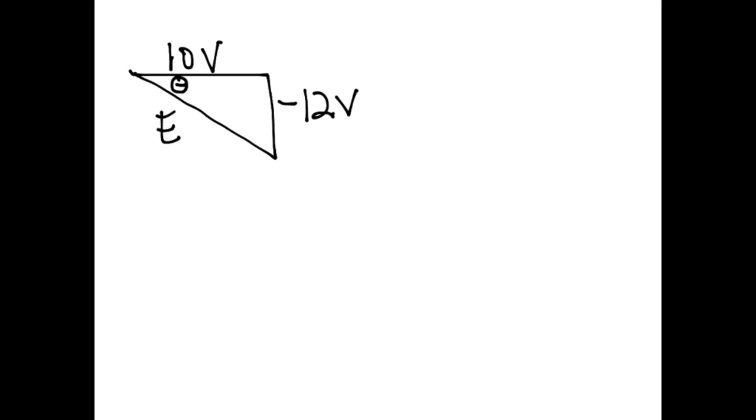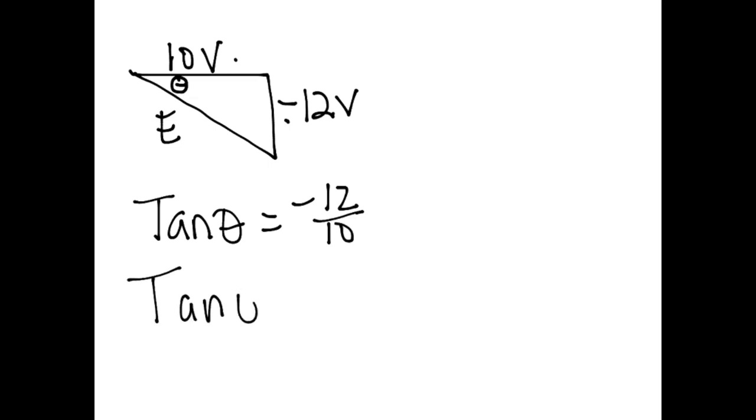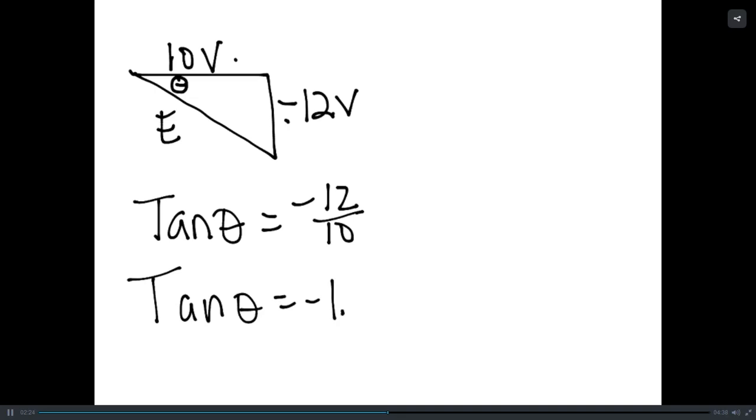So I use this theta as my angle of reference, and I do know my opposite side and my adjacent side, so I'm going to use tangent. Tangent of theta is negative 12 divided by 10, and tangent of theta is negative 1.2.